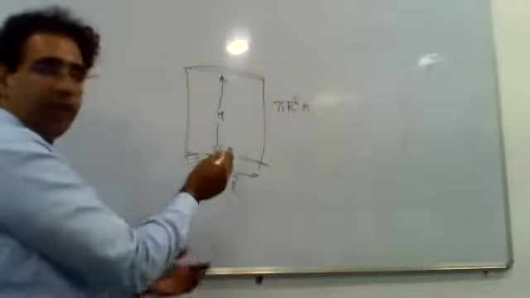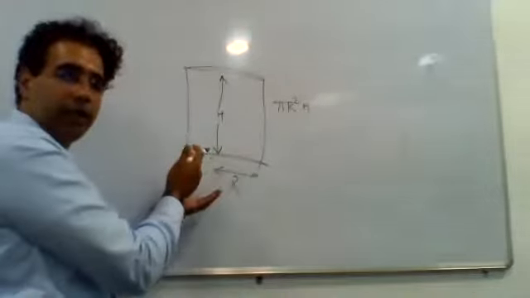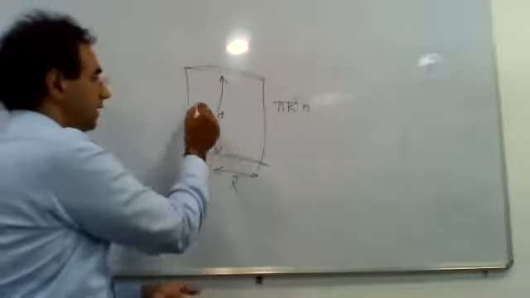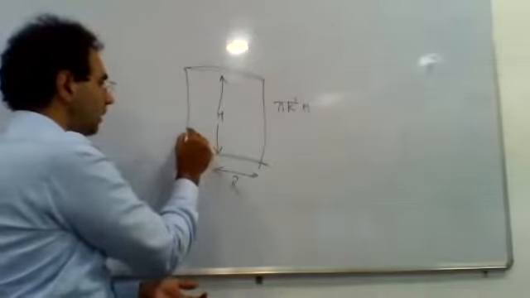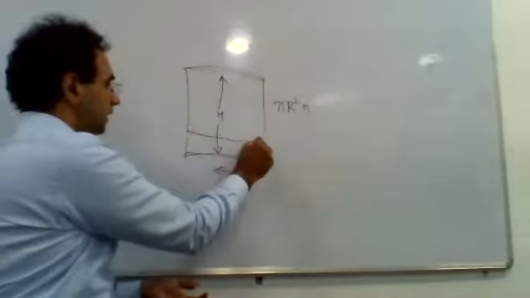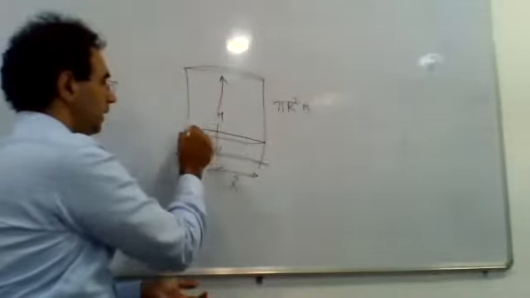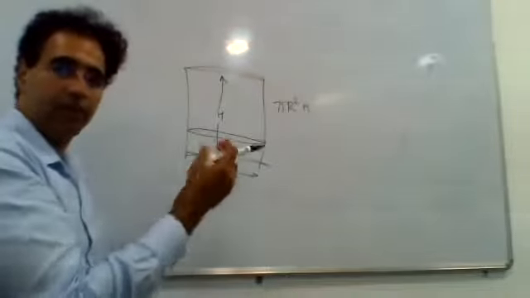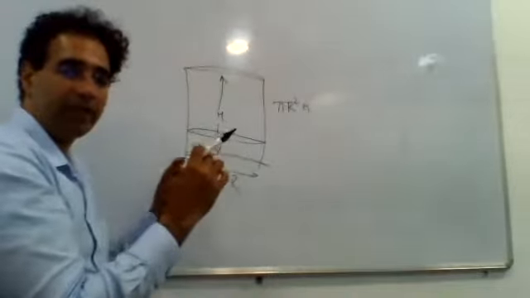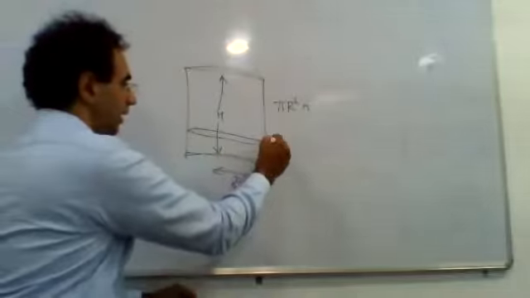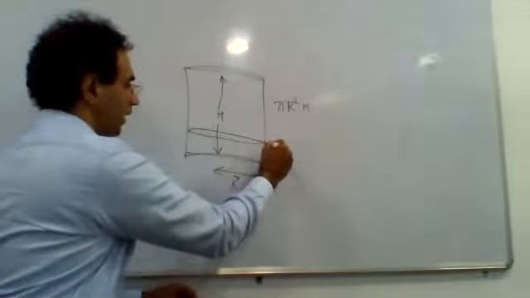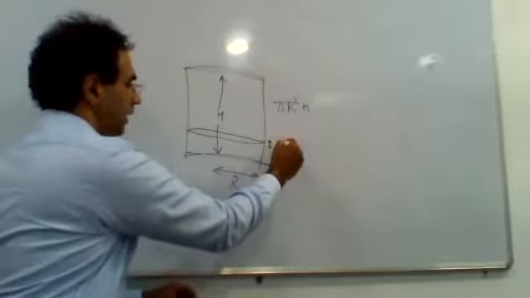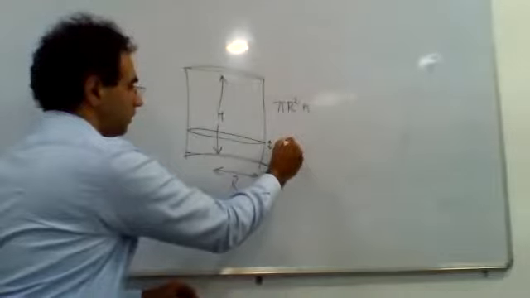Now, the way to apply integral calculus to find the volume of a cylinder like this is that first we take a small slice in this cylinder. The small slice will also be a cylinder, a minuscule cylinder, and its height will be the small h.